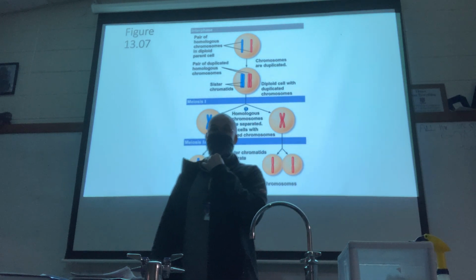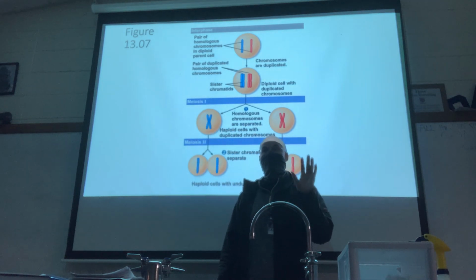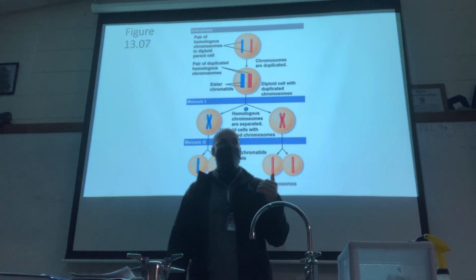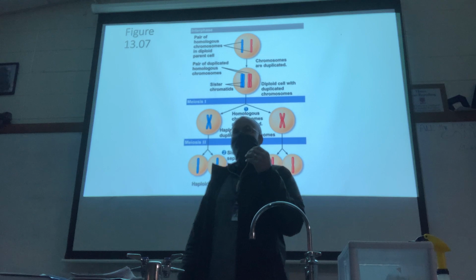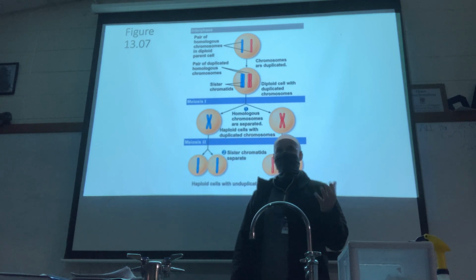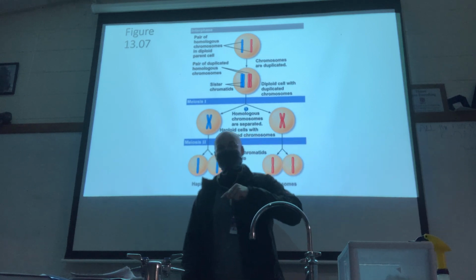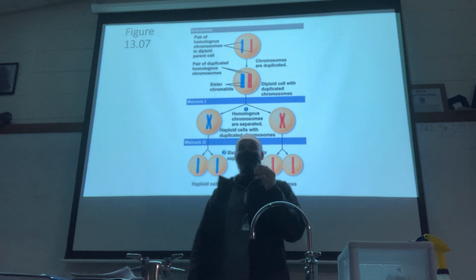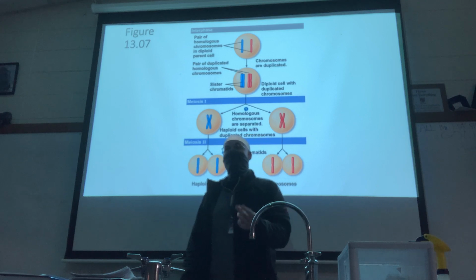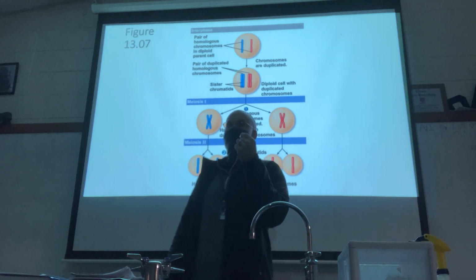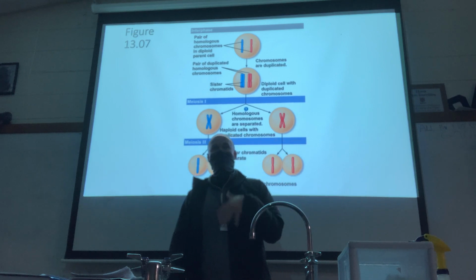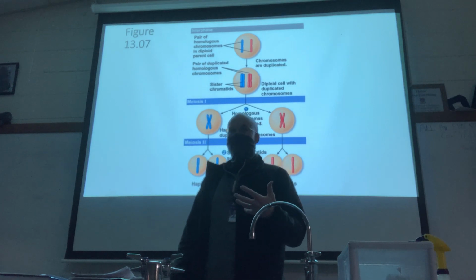In meiosis, we're going to talk about how you go from what we would consider a normal body cell, sometimes they use the term somatic cell, to a sex cell. And the big difference is that sex cells, sperm cells and egg cells, have half the number of chromosomes as all the other cells of your body.